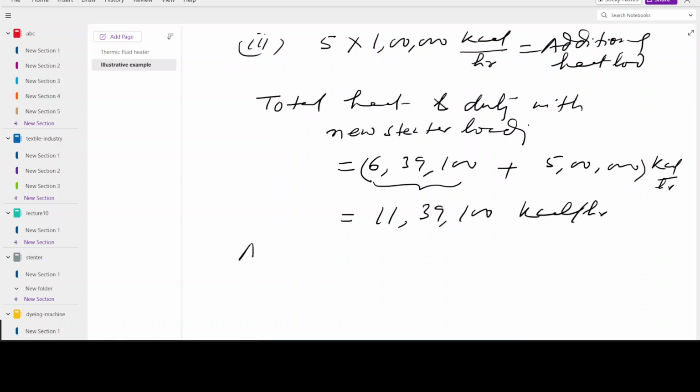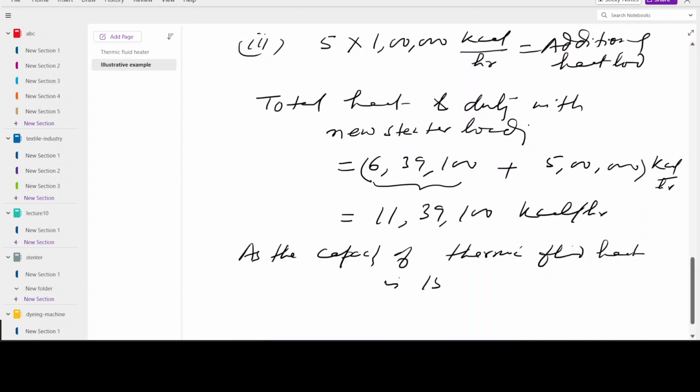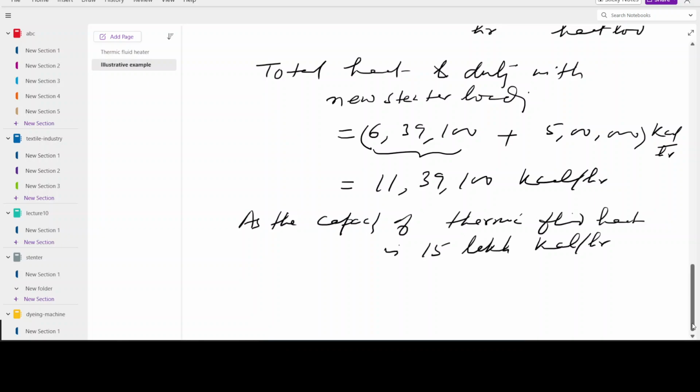And as the capacity of the thermic fluid heater is 15 lakh kilocalorie per hour, it will be able to take the load. The answer will be yes, it will be able to take the load.